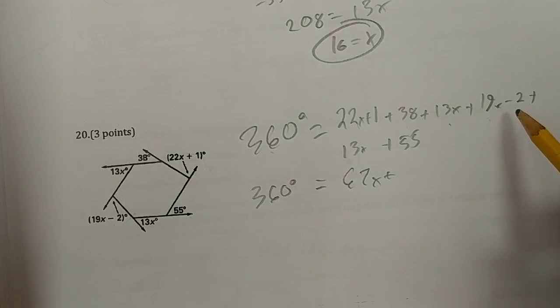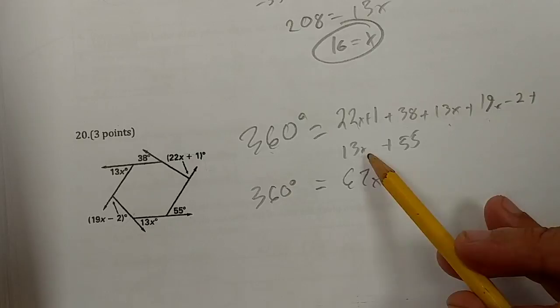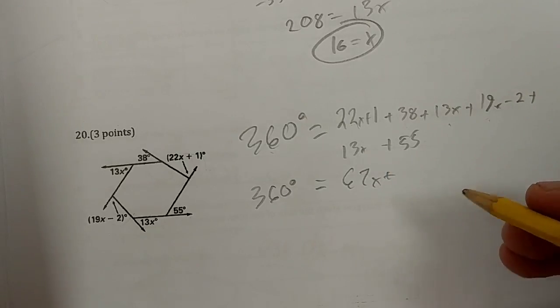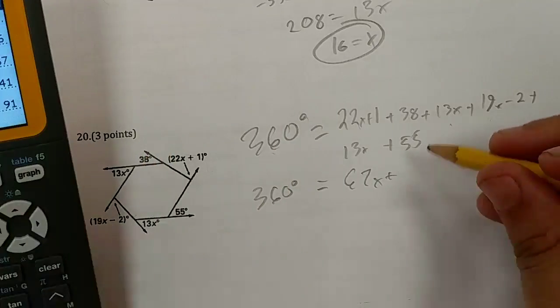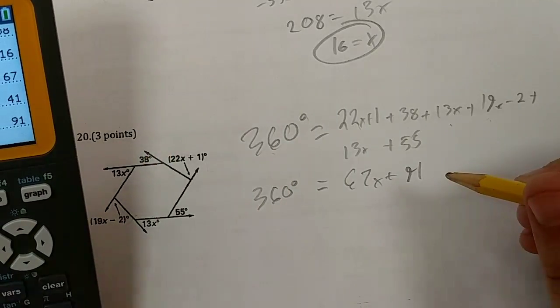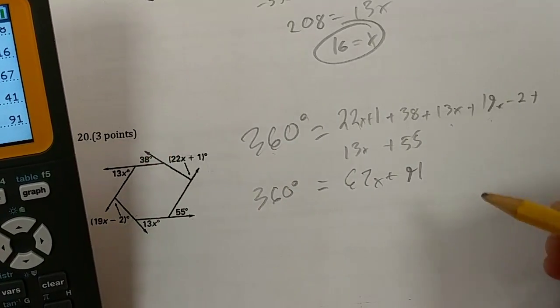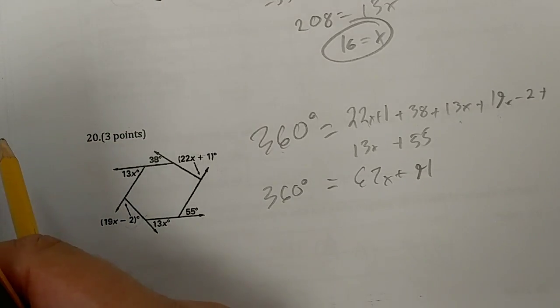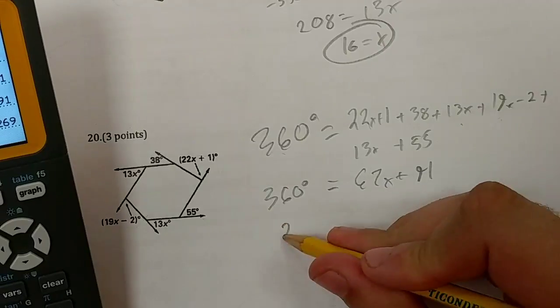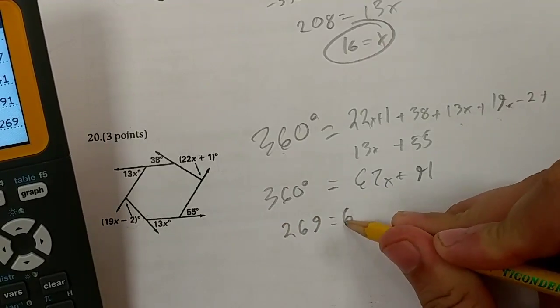Minus 2, plus a 55. That should be 91. Okay, so subtract 91 on both sides. 360 minus 91 equals 269.